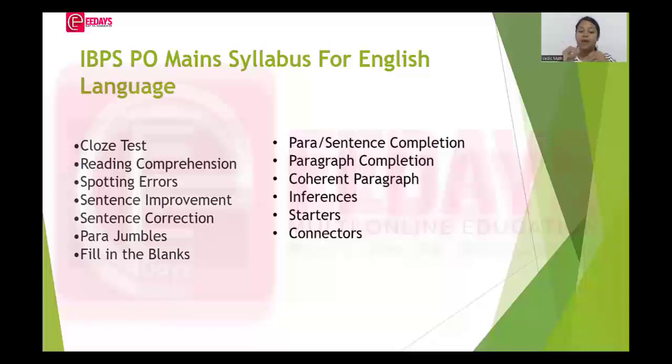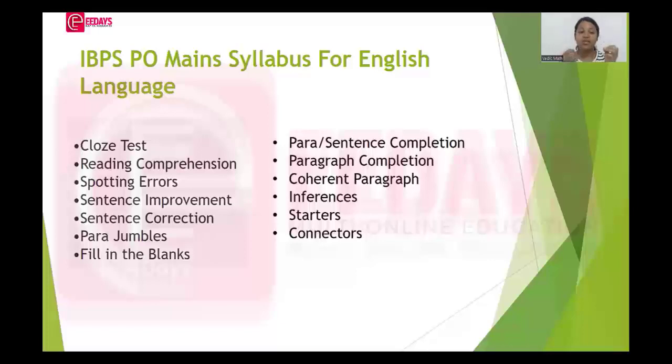And coming to passage or sentence completion, there would be a sentence given which is partially fragmented. You are going to figure out the remaining part of the sentence so that the entire meaning is complete. And then next, in the same way, paragraph completion. There will be many blank spaces given in the paragraph.